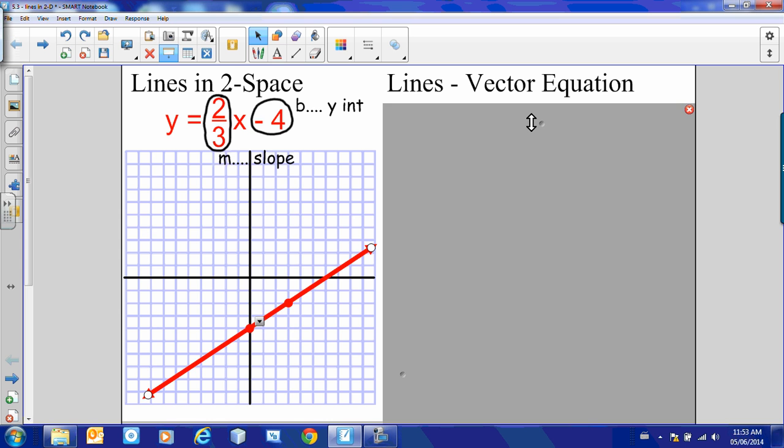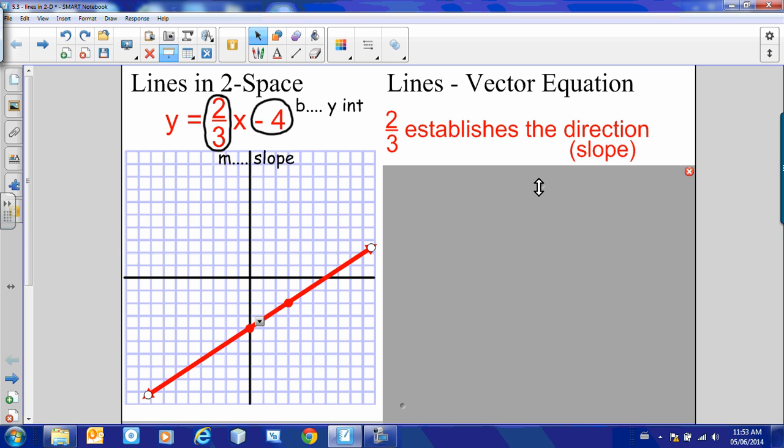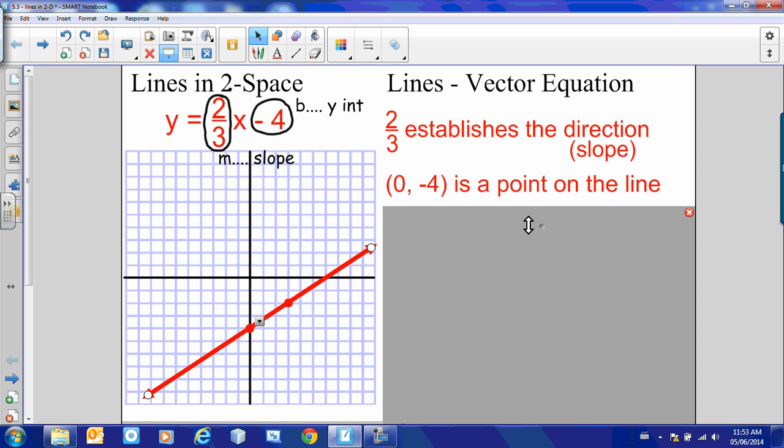Now, as we move towards the vectors idea, what the 2/3 has done for us is it establishes our direction. So the 0, -4 is a point. The -4 is the y-intercept, but less specifically, it's just a point that happens to be on our line.